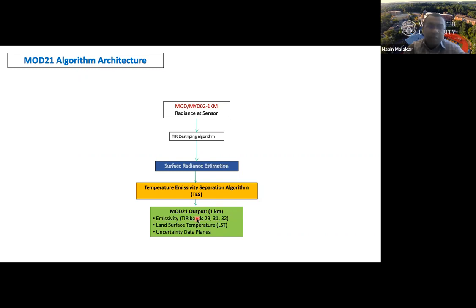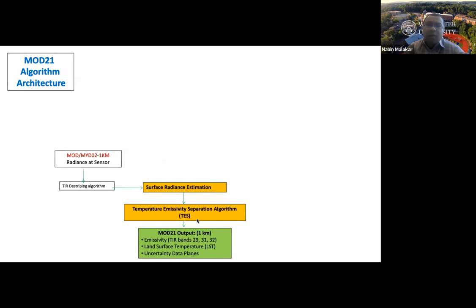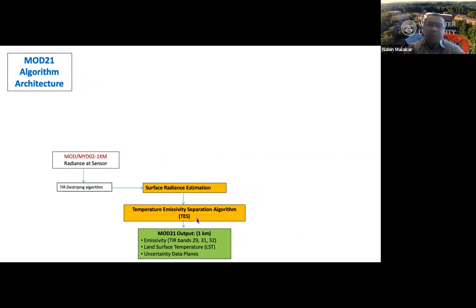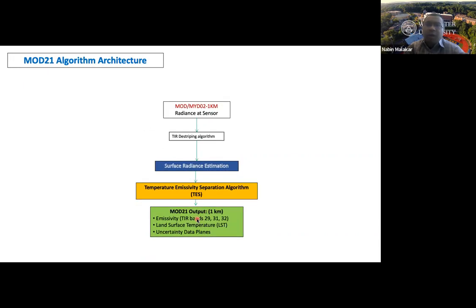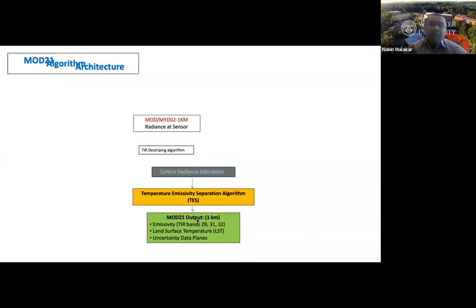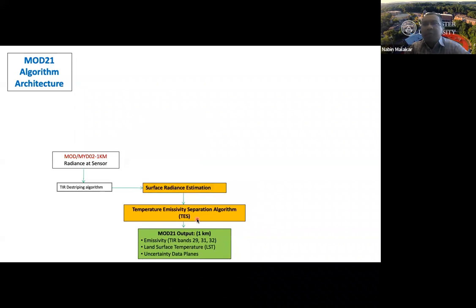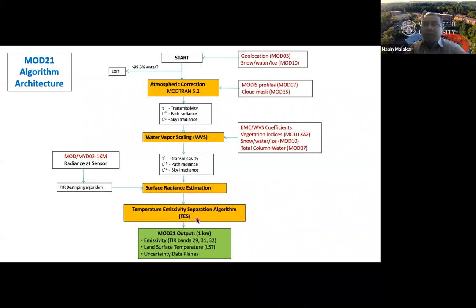But whenever you are about to cook something using a recipe, it looks simple in the beginning, but when you are implementing it, there are a lot of details you have to take care of. So although the algorithm is simple enough to go through, there is a bit of detail you need to implement. For example, there are different products that you have to get, right? Your data needs to be well geolocated.